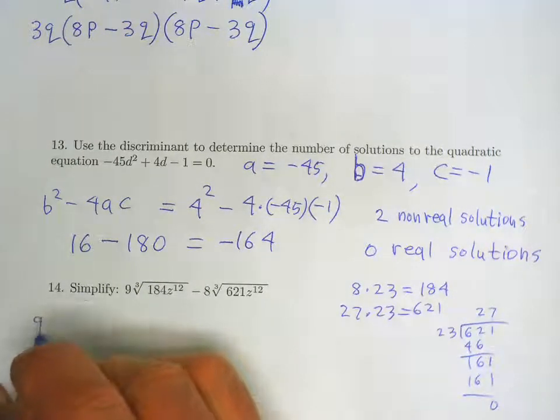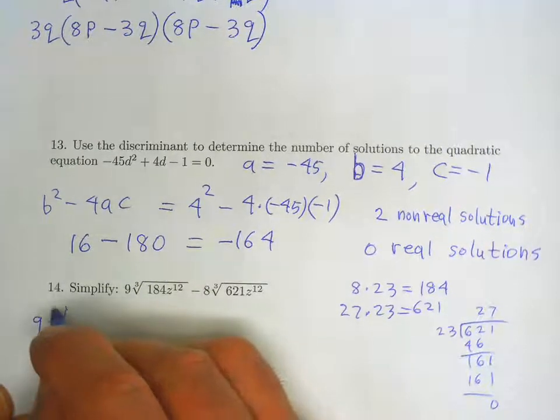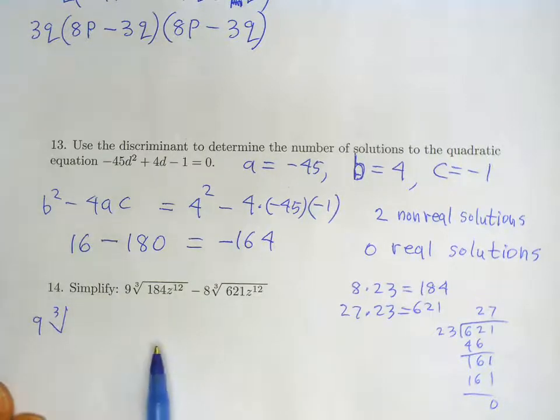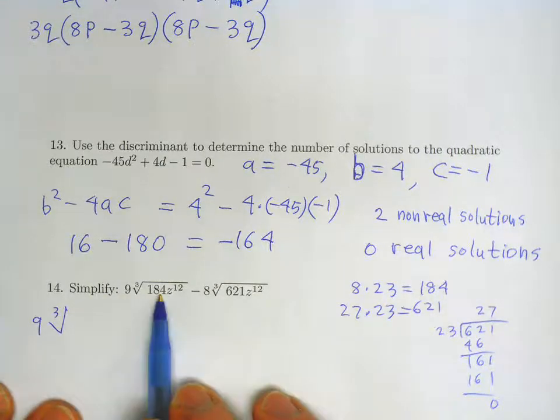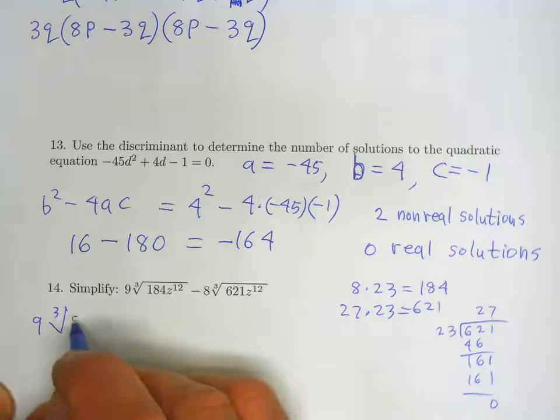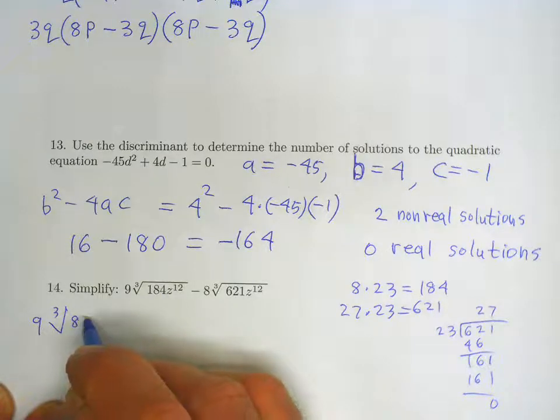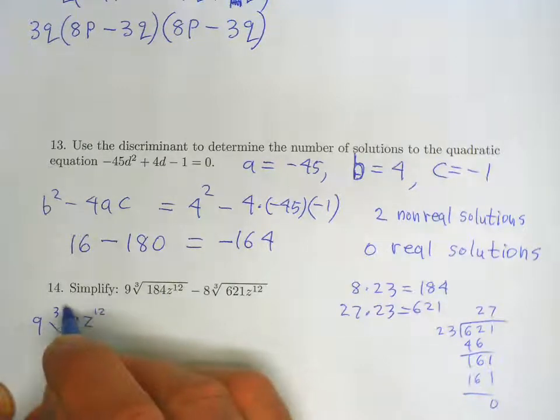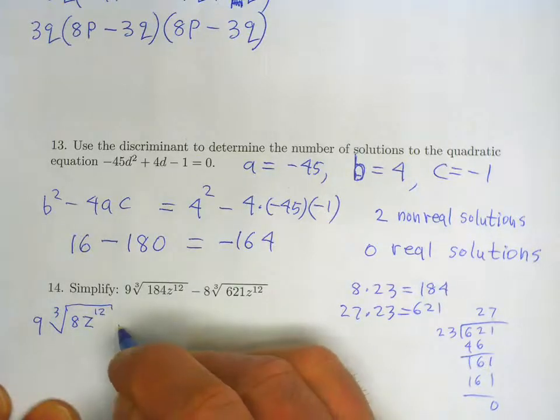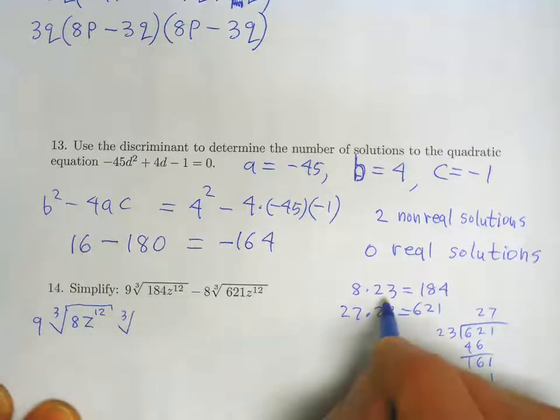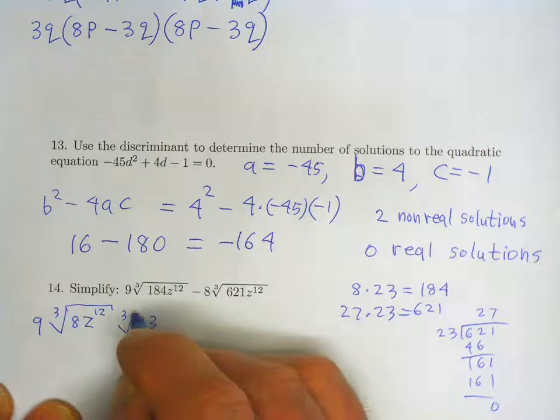We have 9. We'll write 9 times the cubed root of the perfect cubes. So in this first one, it's 8 times z to the 12th multiplied by the cubed root of the remaining factor 23.